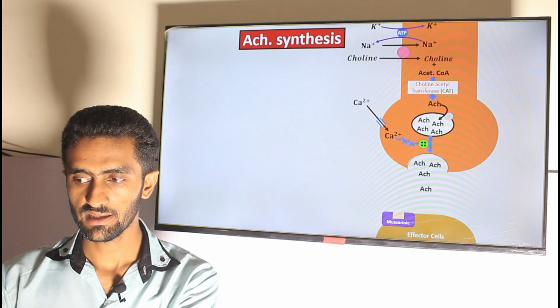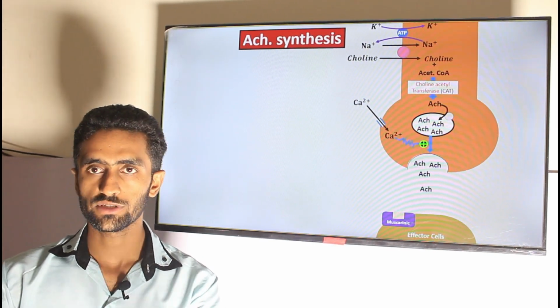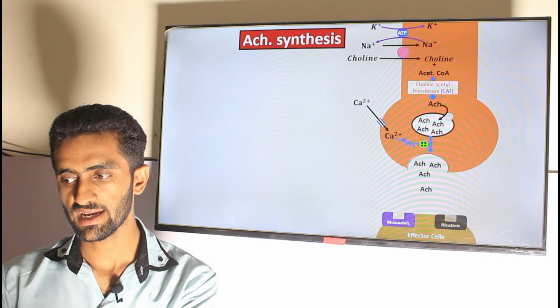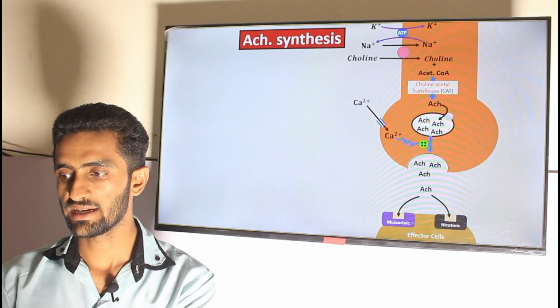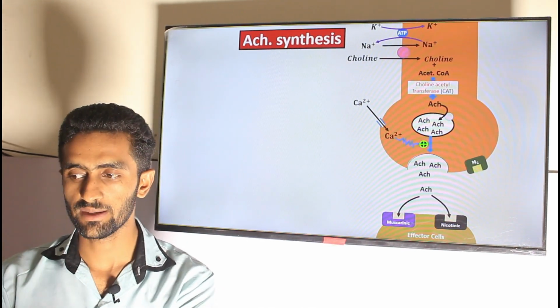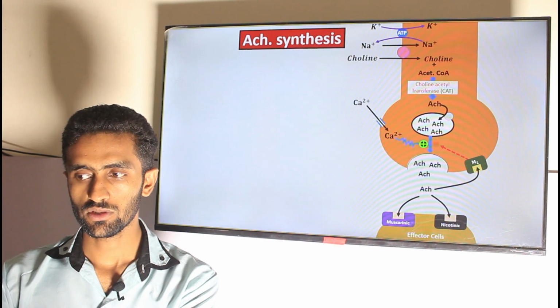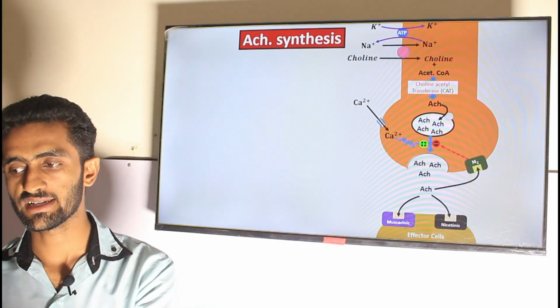If you look at the targets of acetylcholine, one target is the postsynaptic receptors, muscarinic and nicotinic, which they stimulate. The other target is M2, which mediates inhibitory feedback. Feedback inhibition means they stop the release of further acetylcholine.